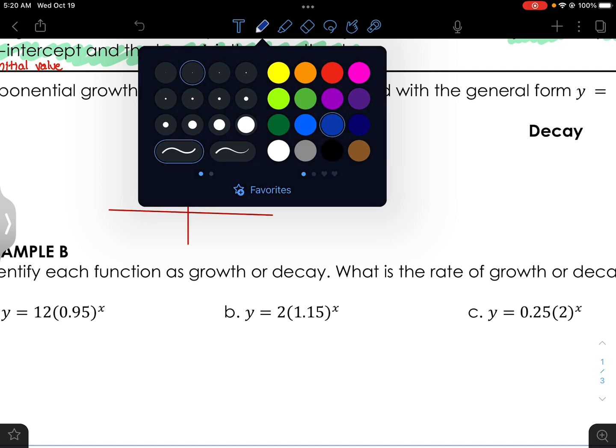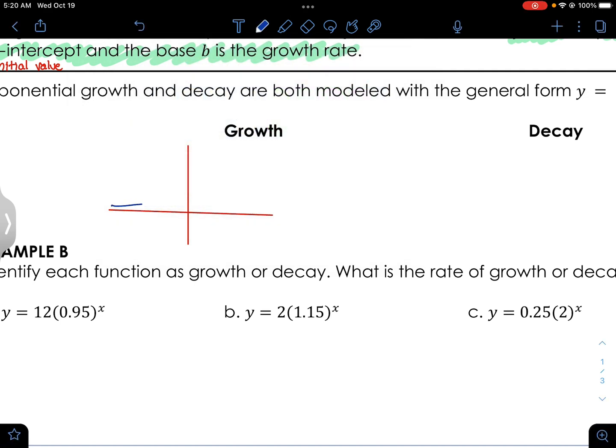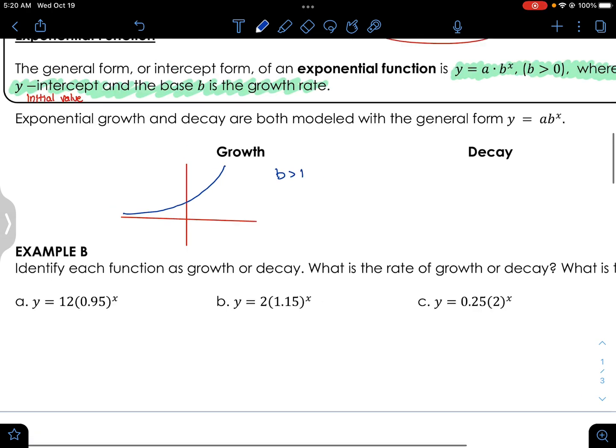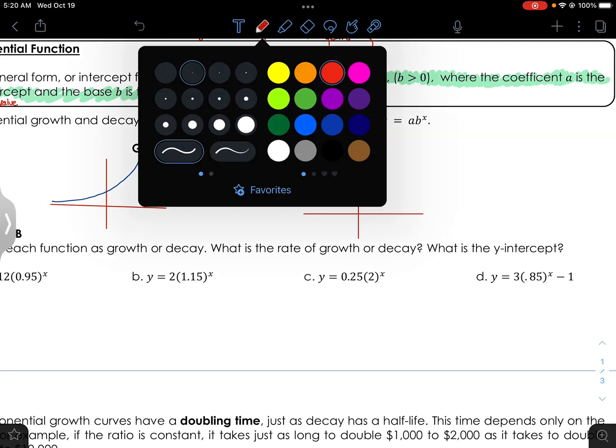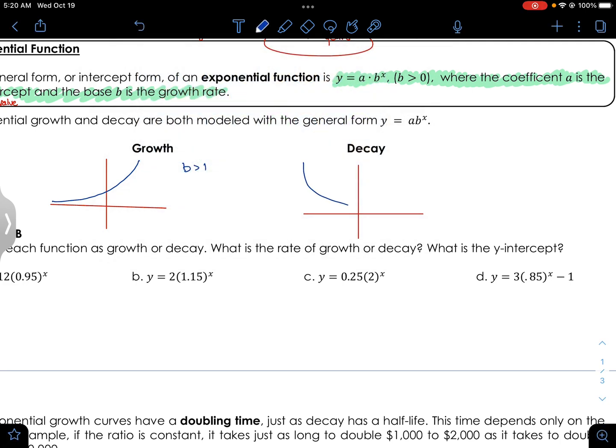You'd have a graph where you're increasing over time. This is going to happen when b is greater than 1. Decay is typically going to look like this, where it's decreasing over time.